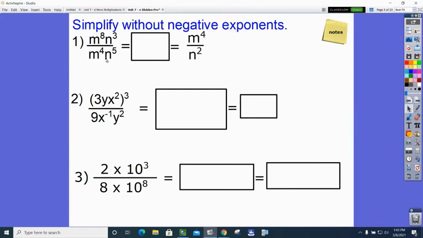The other way that I look at it is, without even going through that, I look at it right here and I say, okay, look at the m. See how they both have a positive exponent? Where are there more factors of them? In the numerator. How many more? M to the 4th. So there should be an m to the 4th in the numerator. Now look at this.